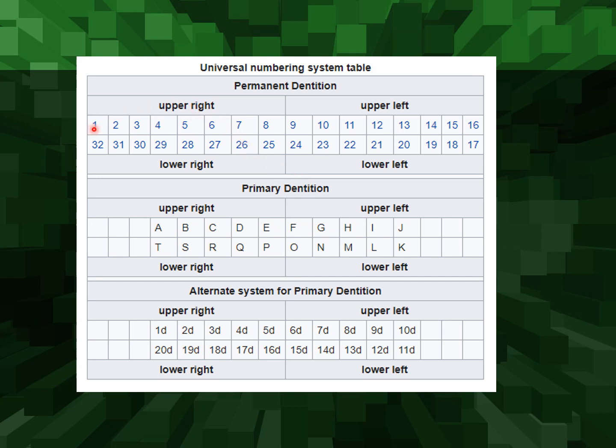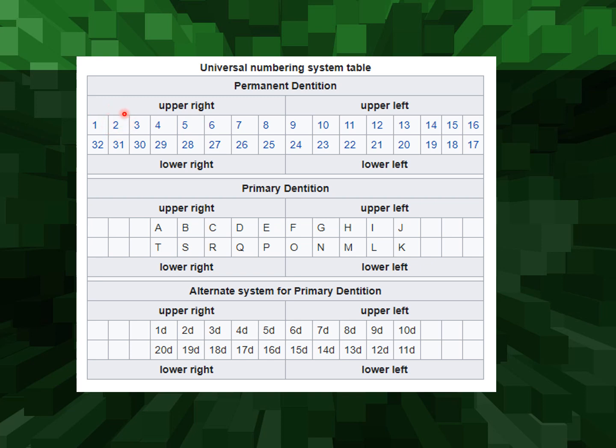As you can see, the universal numbering system for permanent dentition begins from the upper right third molar, upper right wisdom tooth, and is numbered 1, and then numbering step by step.